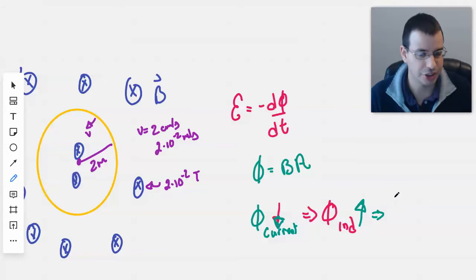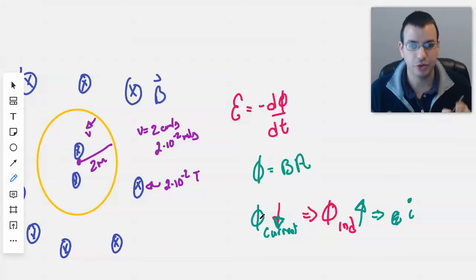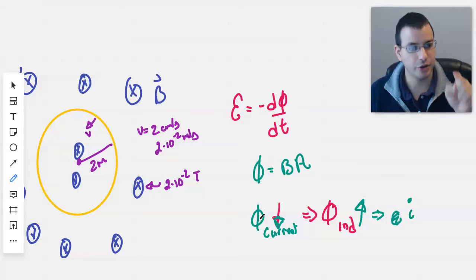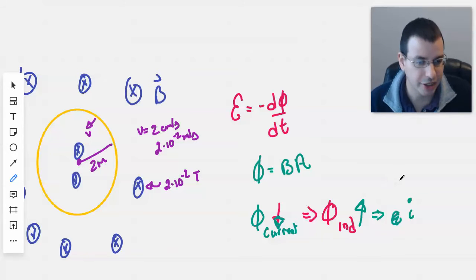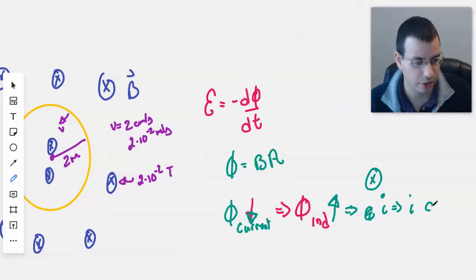And so to do this, it's going to want to create a current around the loop. So I'll say maybe an I. And for it to create a magnetic flux that reinforces the current one, it's going to have to go into the board. So it's going to create a flux going into the board, which means that the current has to be counterclockwise.